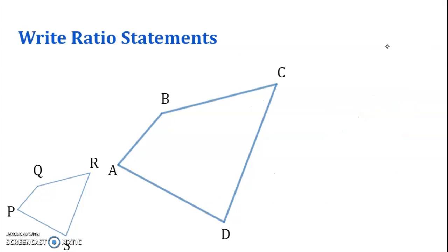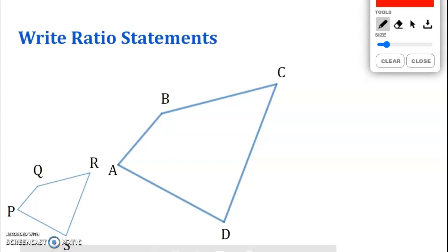So then how do we write ratio statements? As I have shown you before, you find the corresponding parts. So here you go, you have PQ here. PQ corresponds to AB. If you know that to be true, then you write PQ over AB is whatever the number.